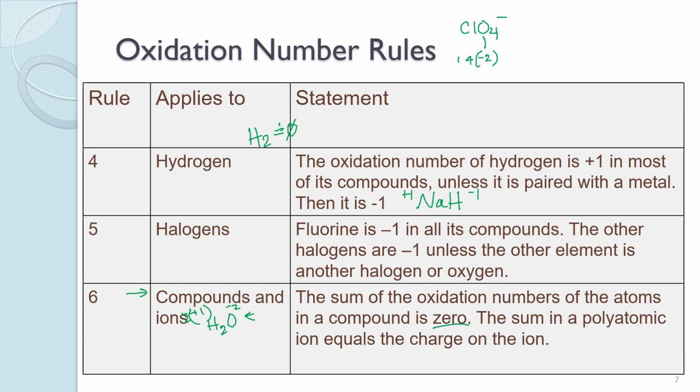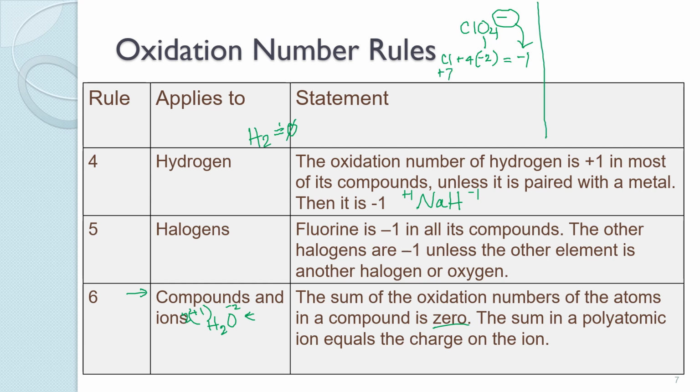So chlorine has to be, and if you look down here, even though chlorine is a halogen, because it's got oxygen around, we can't assume that chlorine is a -1. We have to figure out what it is. So chlorine has to be whatever oxidation number will make the sum of all of these equal -1, because the total is -1. So Cl in this case has to be a +7.